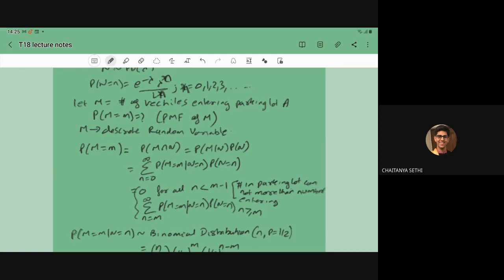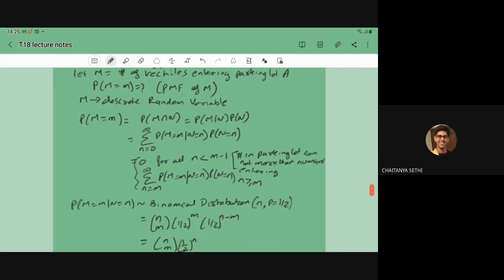Whatever the number of vehicles entering the parking lot, either equal to that or fewer than that will be in parking lot A. Otherwise it will be the summation from n equal to m to infinity of the probability of M is equal to m given N is equal to n, into the probability of N is equal to n, when n is greater than or equal to m. Is this concept clear?